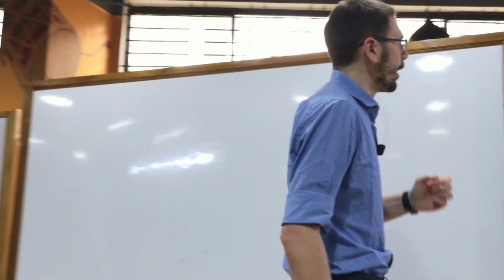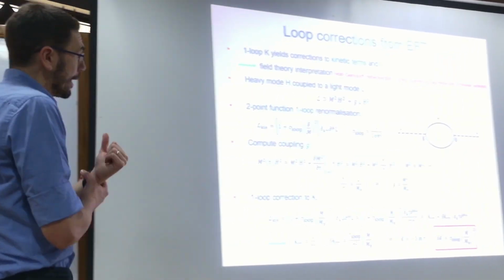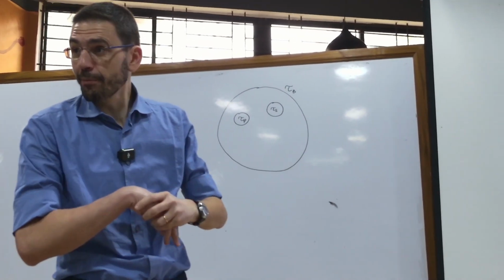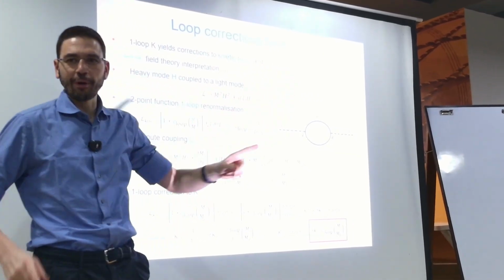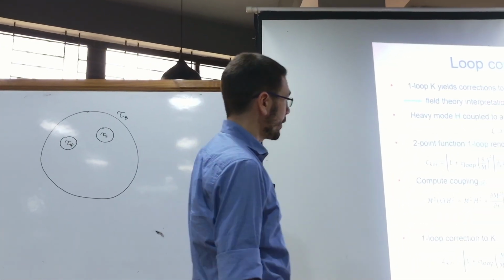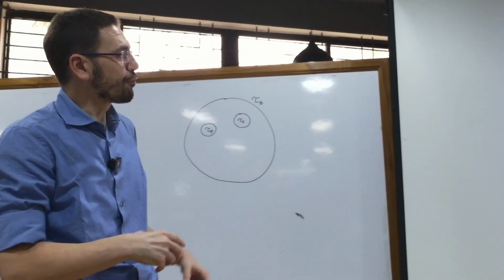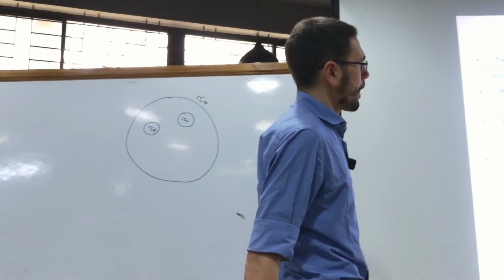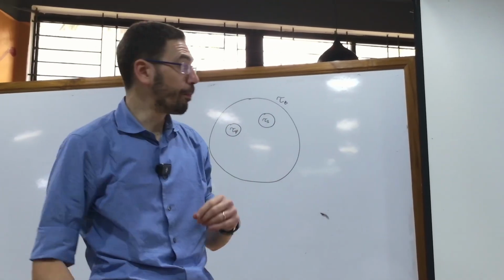So if you have a loop correction to the Kähler potential, this should lead to corrections to the kinetic terms, as well as corrections to the potential. Because remember, the potential is also a contribution from the Kähler potential. So one can give a low energy field theory interpretation, at least for these corrections that are seen as heavy modes running in the loop.